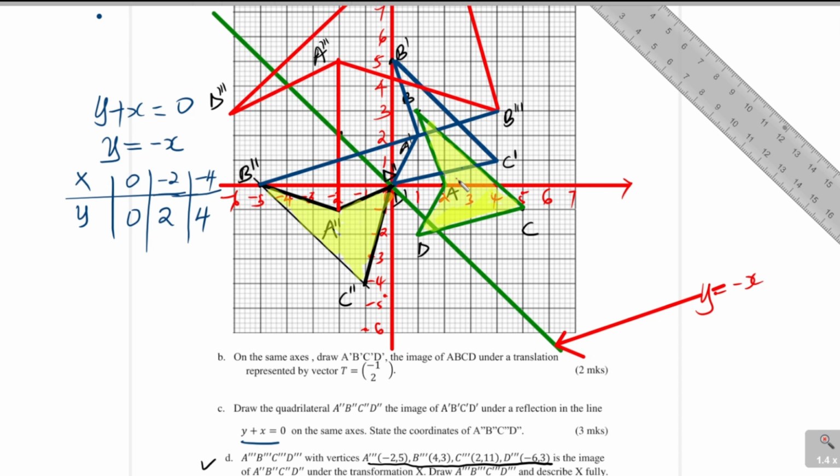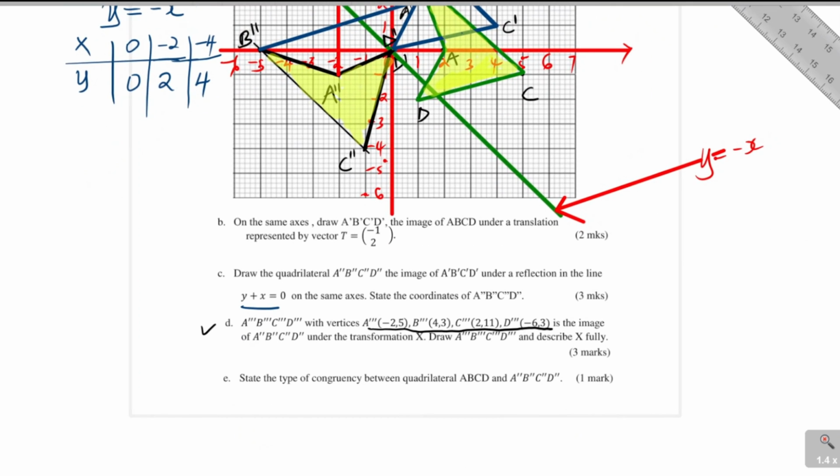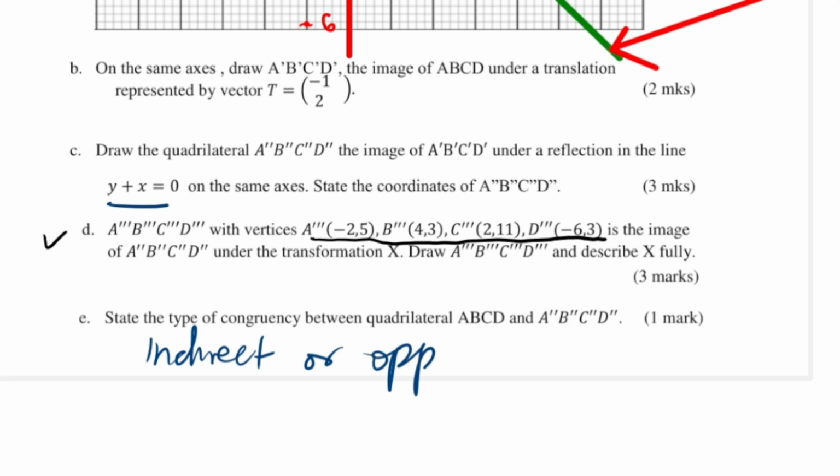You have to turn it over the other side for it to fit. So the type of congruency that exists between these two is what we refer to as oppositely congruent. So you can write it here: the type of congruency is indirect or opposite congruency.